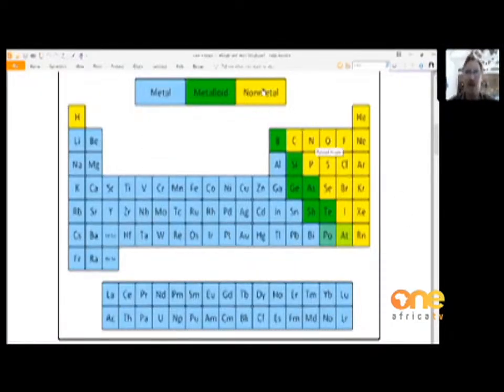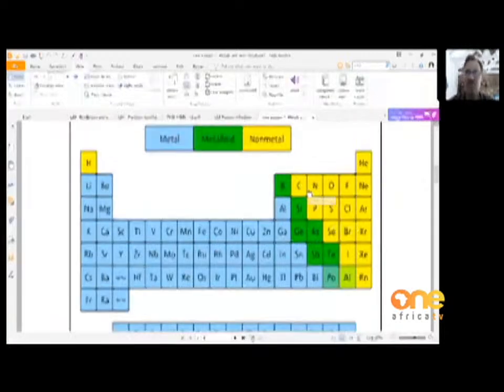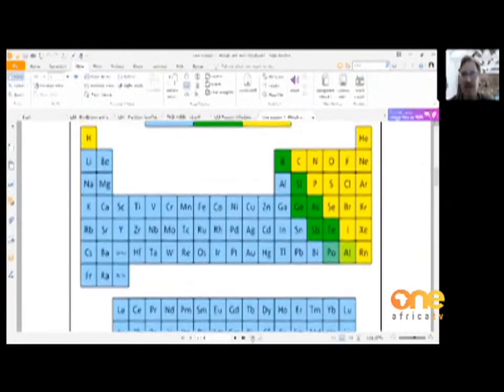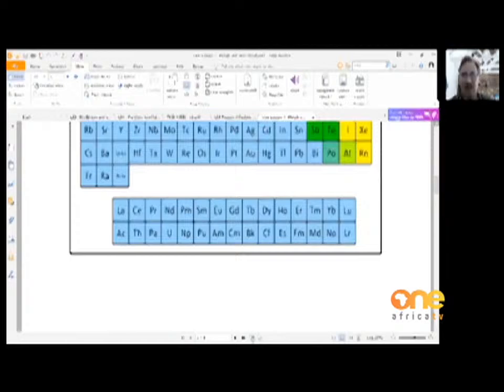You see here the non-metals, hydrogen, and the right-hand side of the periodic table are all non-metals. In blue are all the metals. There's a huge majority there. And then of interest are the metalloids. That is this narrow strip of elements which correspond to metallic and non-metallic properties.